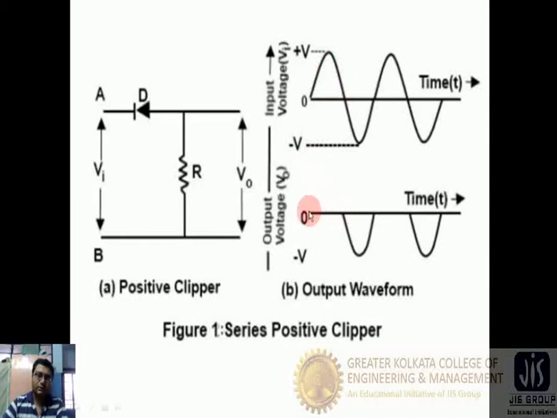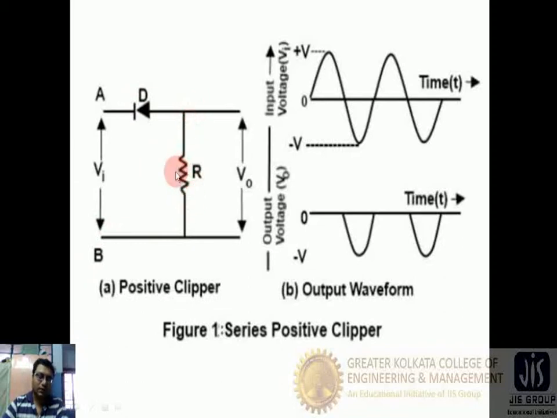In case of the negative peak of the input signal, B is positive and A is negative, which means the negative is connected towards the N side of the diode and the positive section is connected to the P side of the diode through the resistance.